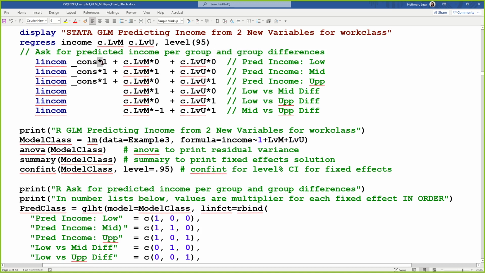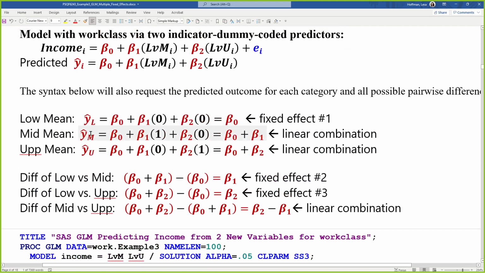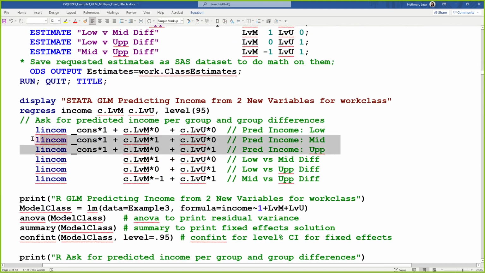So then the times 1 or times 0 is telling it for that group, how are those variables coded? It goes directly with this logic right here. If I want the predicted outcome for the low group, then I set both of my variables to 0. If I want it for the middle group, this one turns to a 1. If I want it for the upper group, this one turns to a 1. That same pattern is in these 3 statements.